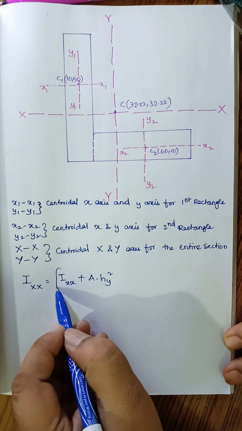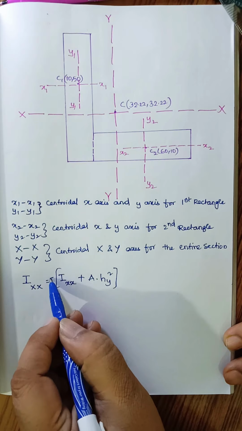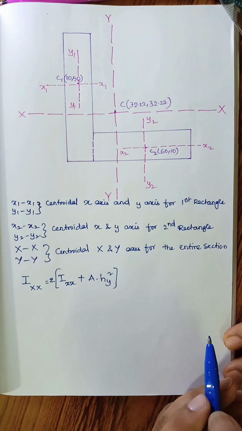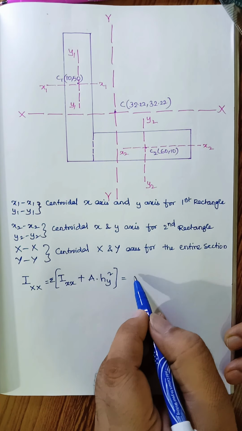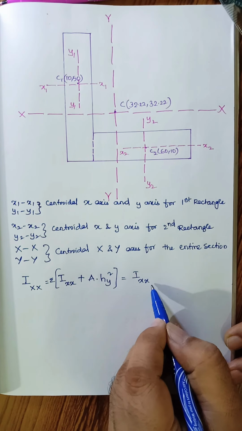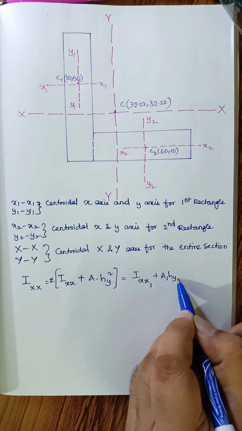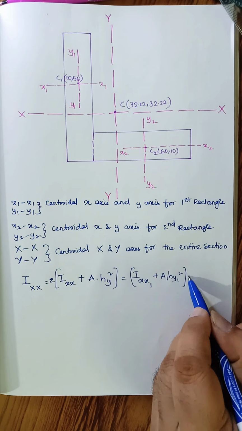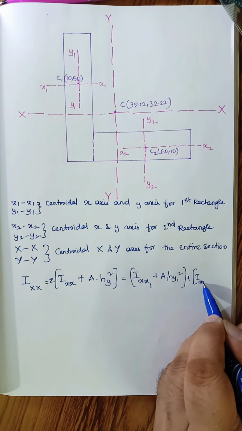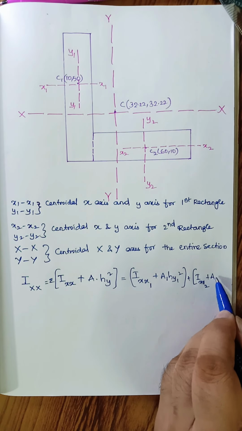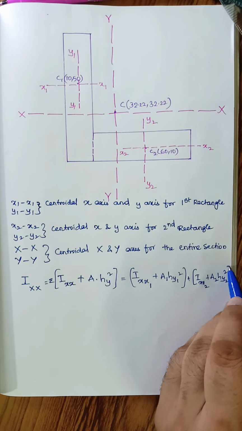Now here, as we have two rectangles, I am taking sigma Ixx plus A h y square. Now expanding this one, for the first rectangle it will be Ixx1 plus a1 hy1 square plus Ixx2 plus a2 hy2 square.